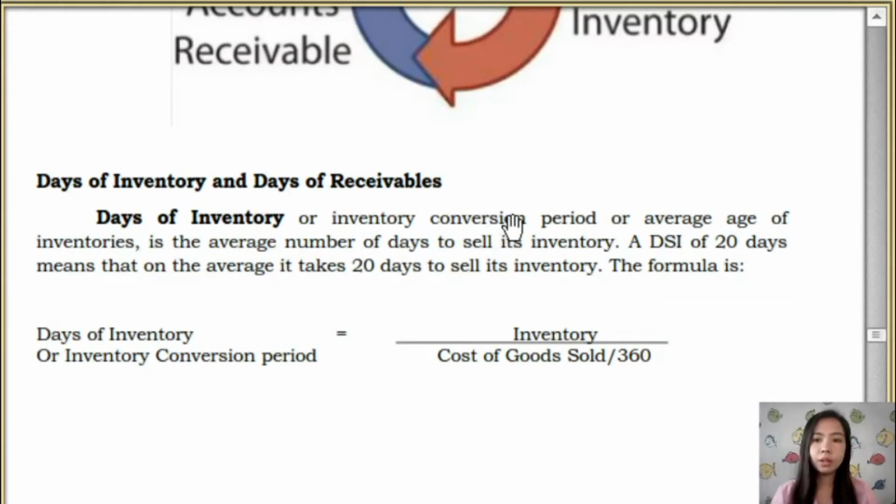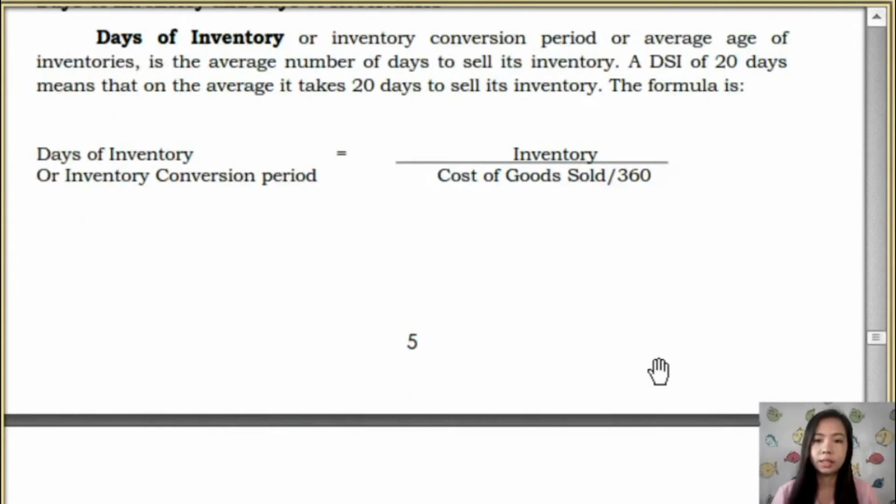Days of inventory or inventory conversion period or average age of inventories, short for DSI. A DSI of 20 days means that on average, it takes 20 days to sell its inventory. So, the formula is inventory over cost of goods sold over 360 days.